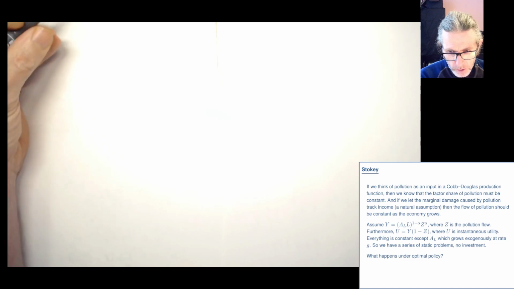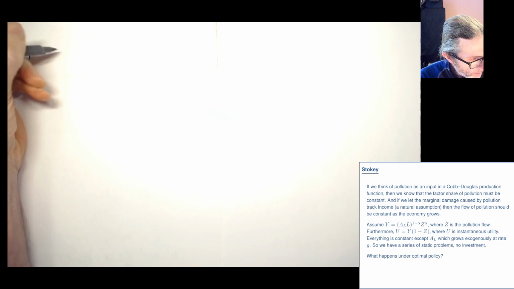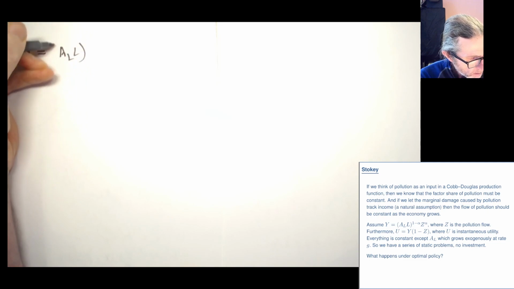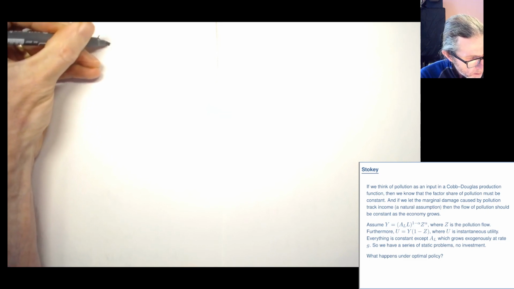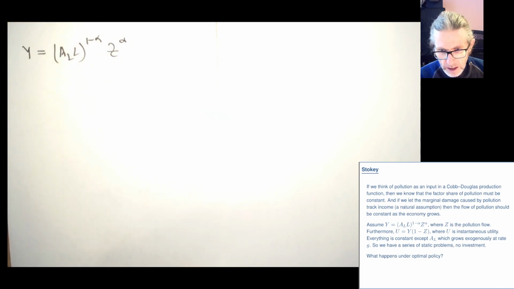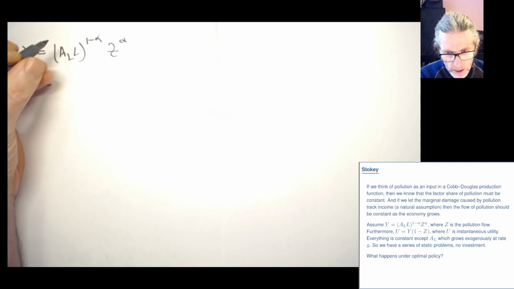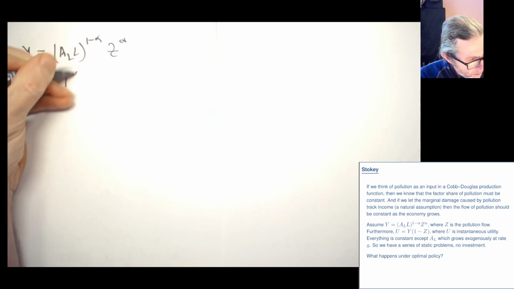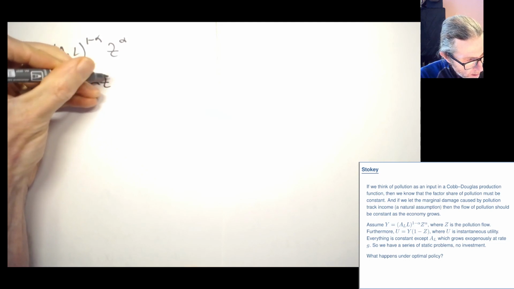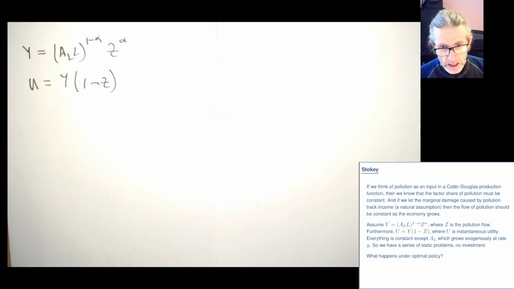So we've got y equals (AL)^(1-alpha) z^alpha, and u is y times (1 minus z), and we're going to assume optimal policy.